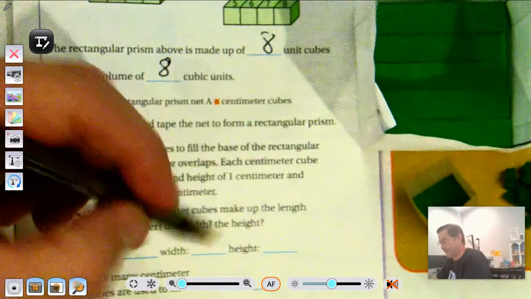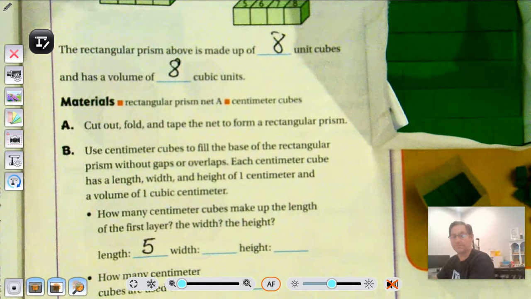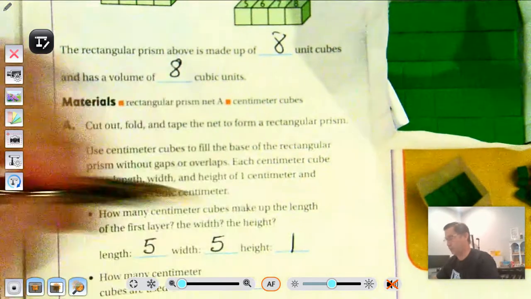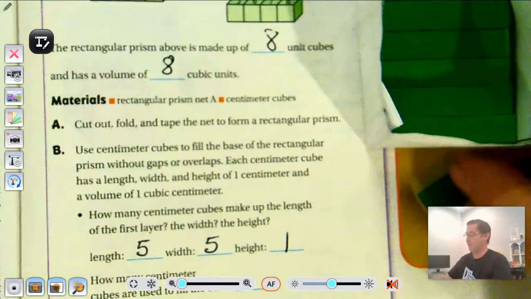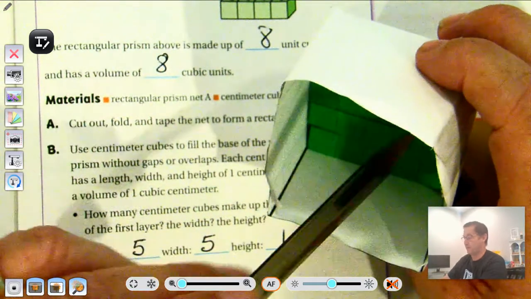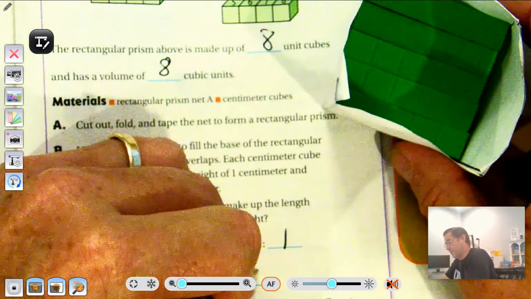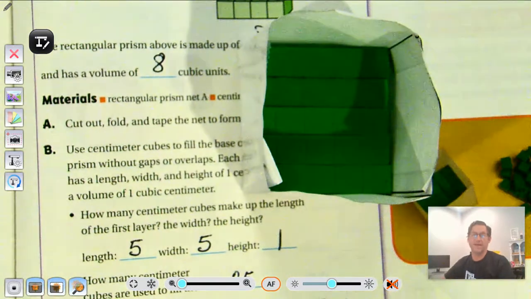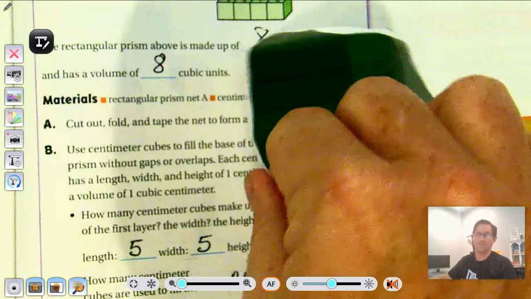So the length is 5, the width is 5, and the height is 1. So how many cubes are there? Well, if you have 5 by 5, 5, 10, 15, 20, 25. So I use 25 unit cubes to fill the bottom layer of this cube.